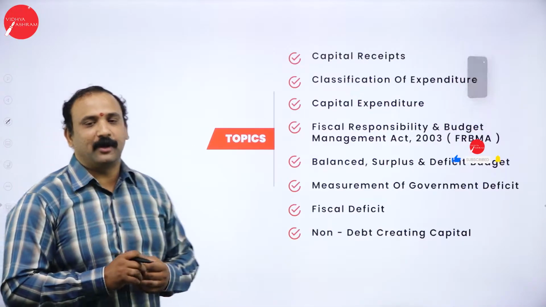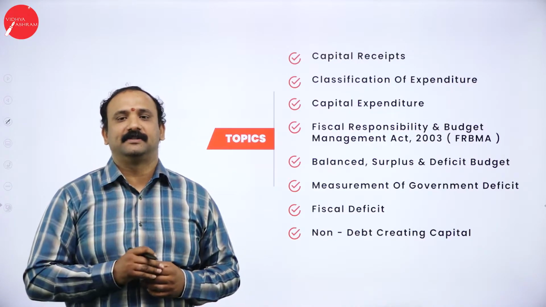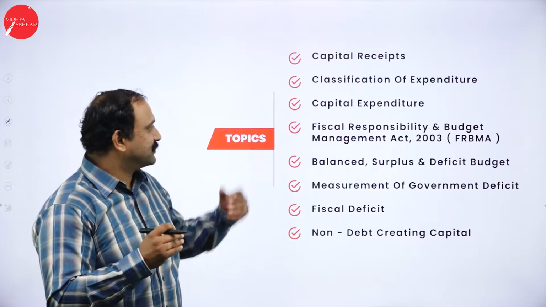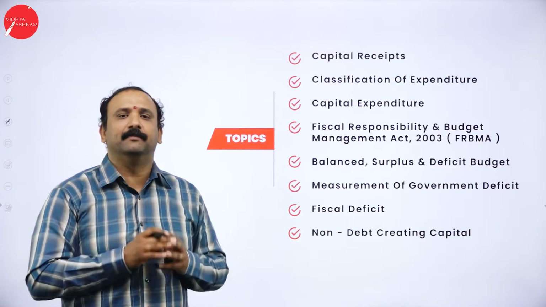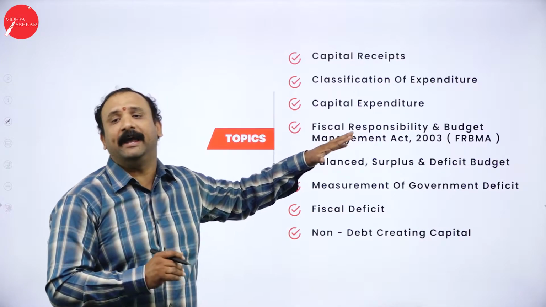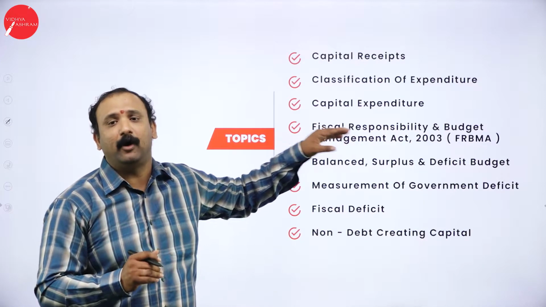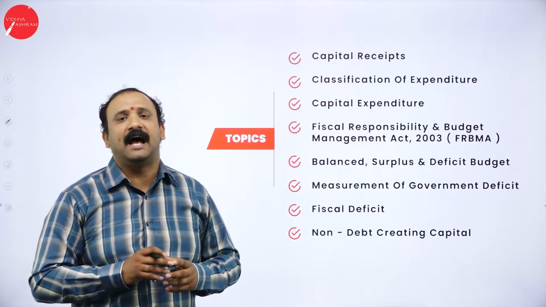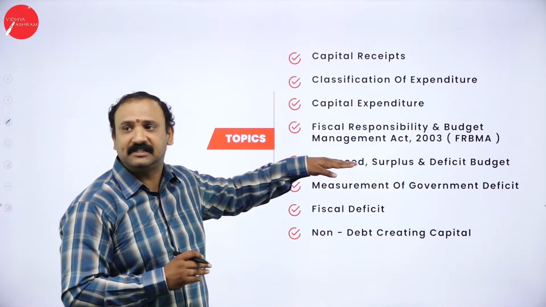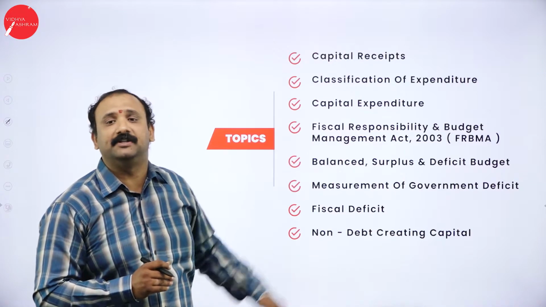So the topics that we are going to cover are capital receipts, classification of expenditure, the capital expenditure itself, that's one of the very important topics, and we are also going to talk about FRBMA. That's a very important management act. That was a budget act that was brought in the year 2003. Then we are going to talk about balance, surplus and the deficit budget all about.